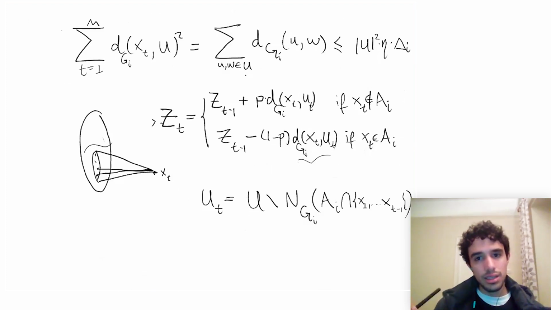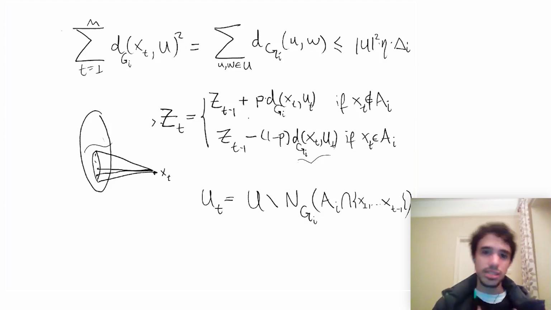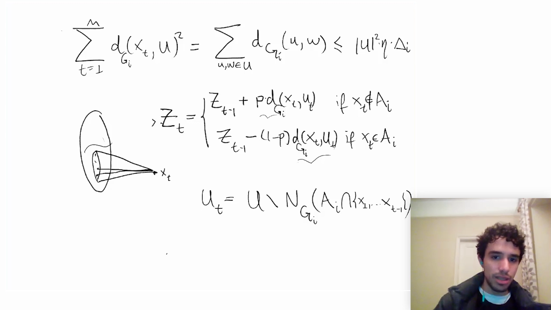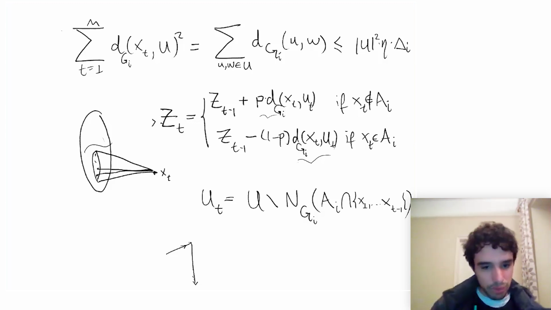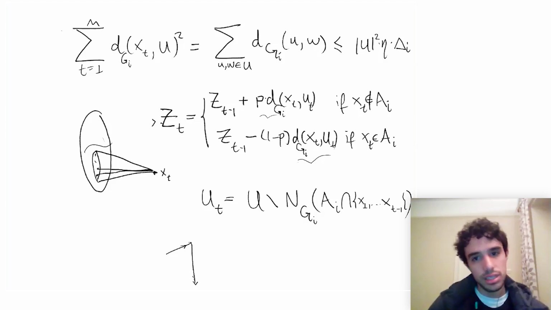It's crucial because the increments going up are of this form, so they are much smaller than the increments going down. So the concentration for the upper tail is much better than the concentration for the lower tail, and that's important for us.